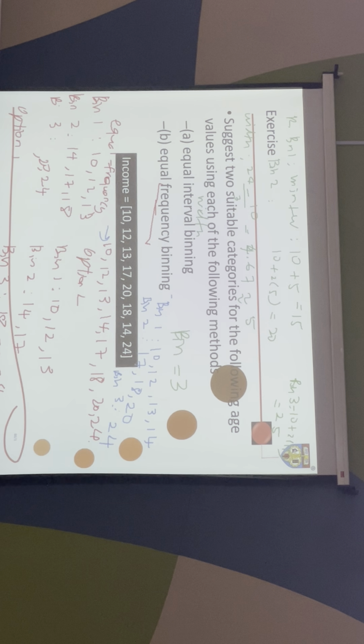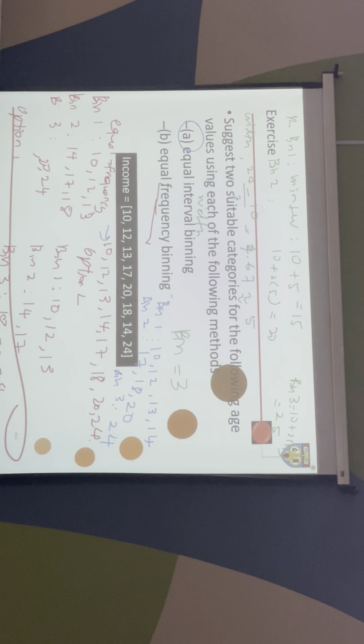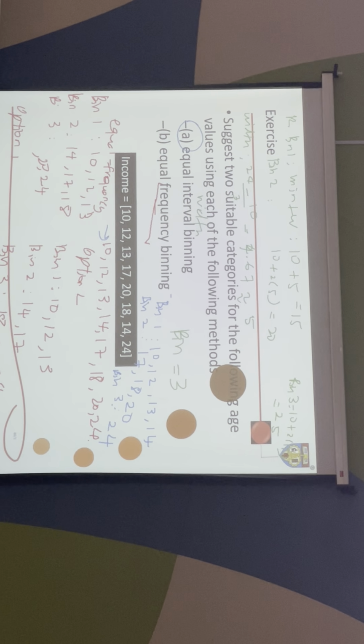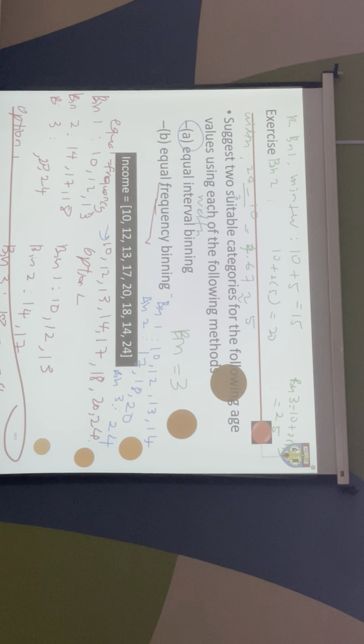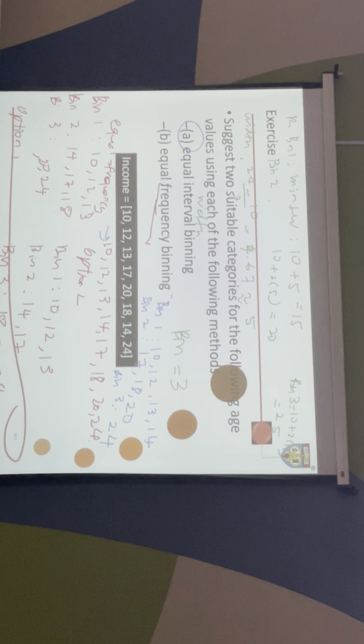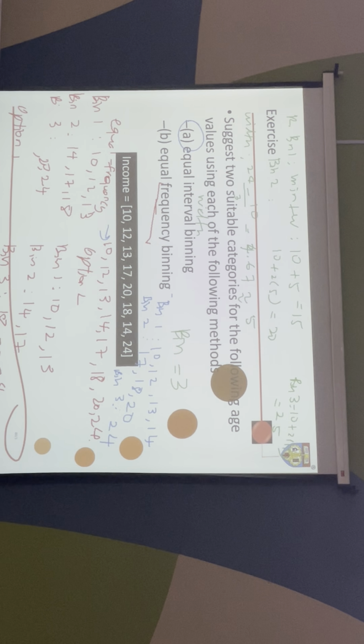In this case, equal interval is more suitable. For equal frequency, literally we need to divide the data set equally, but because we have option 1 and option 2, this is not the best option for this case.